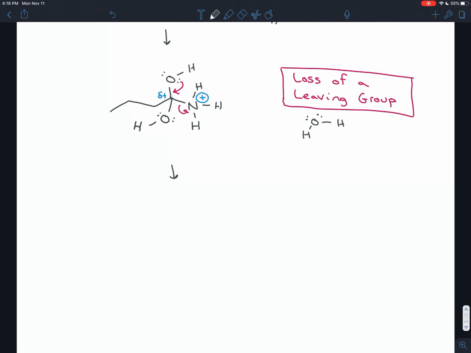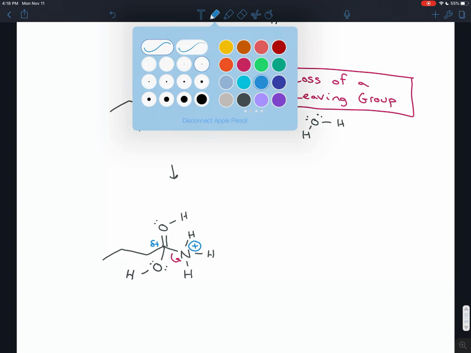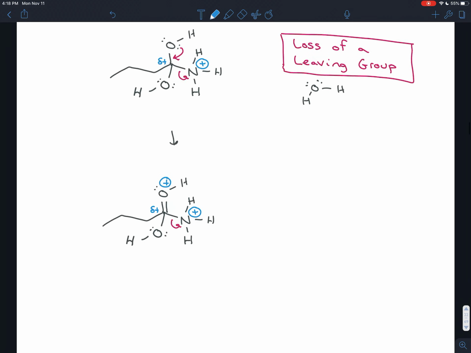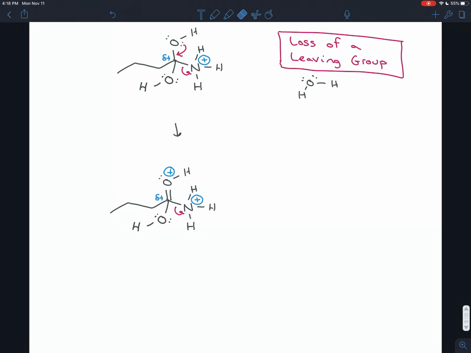So what we would form there is this lone pair would turn into a pi bond. That oxygen now has 3 bonds, so it has a full positive charge. The amine will leave.